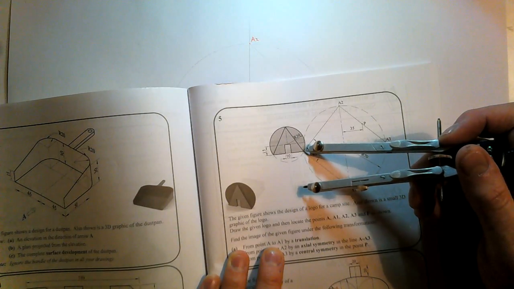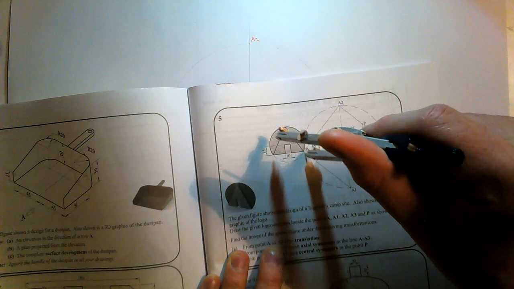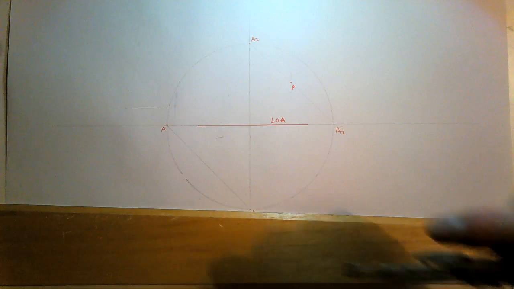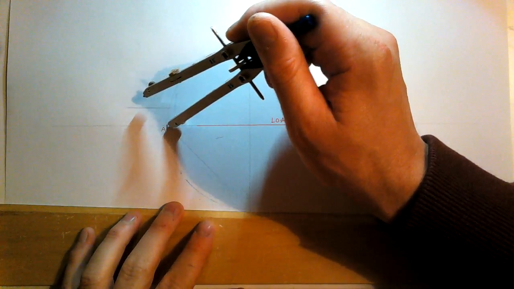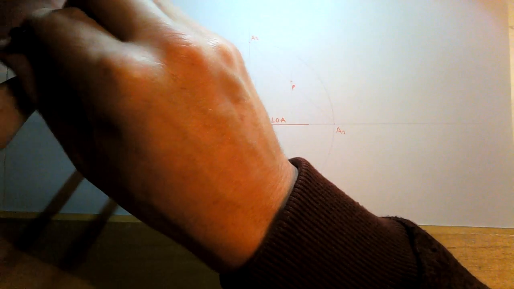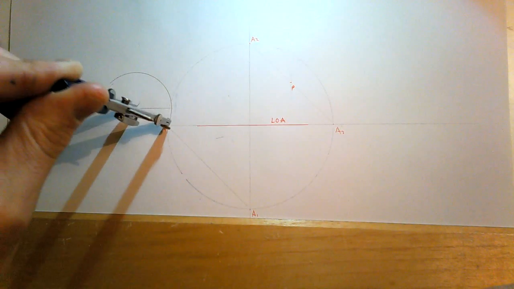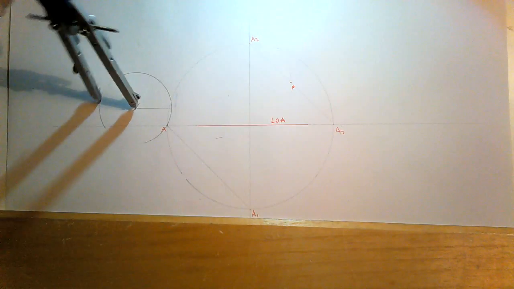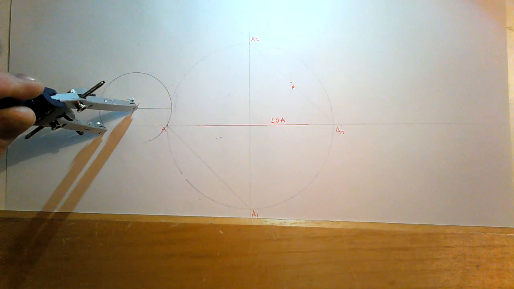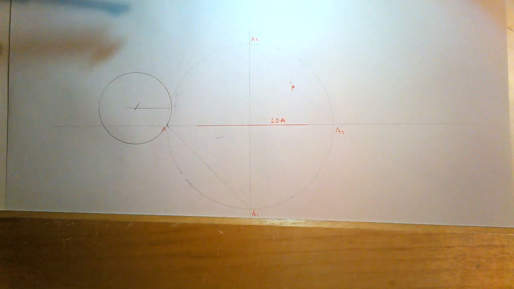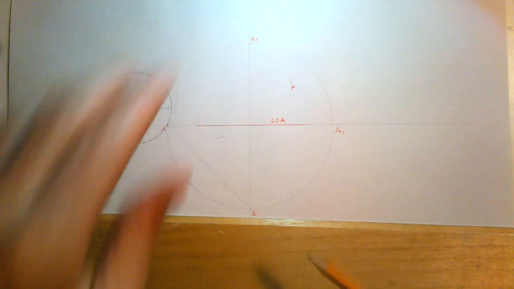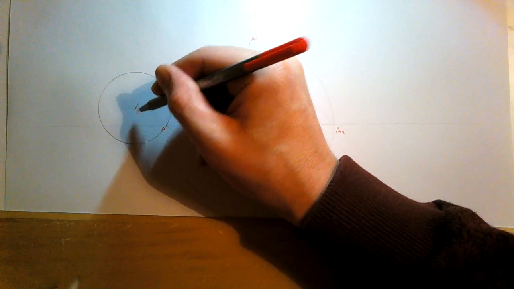So let's put the point of the compass on A and scribe off where it hits the 15 mark. That should give us our center point. Let's put it here. Scribe it off. Okay, I'm going to call that C for center.